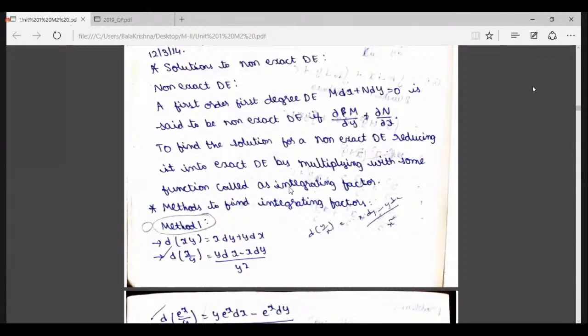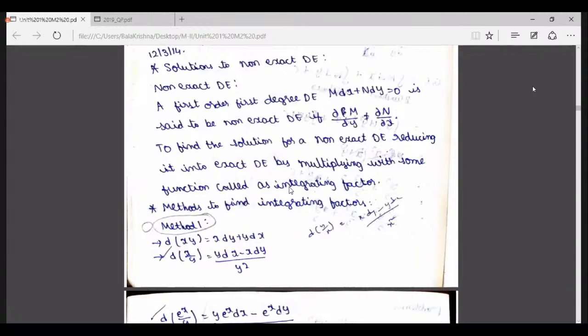Once you reduce that into exact, you should follow the procedure you have used for the exact case. That means integrating the m function with respect to x, treating y terms as constants, plus integrating the n function with respect to y, which is free from x terms. For that, first of all, you have to reduce that into exact.